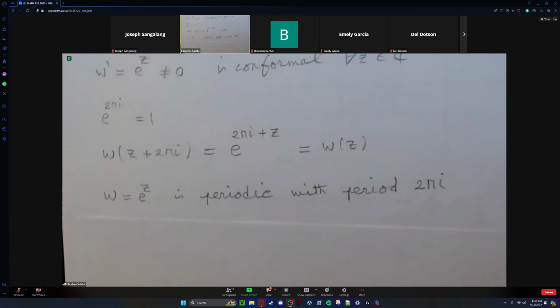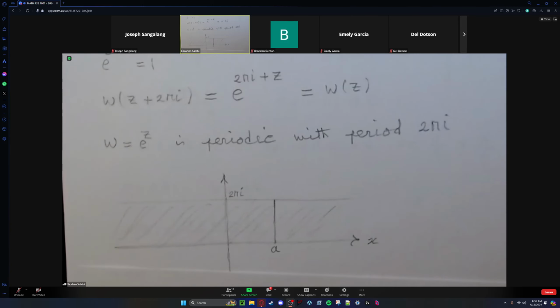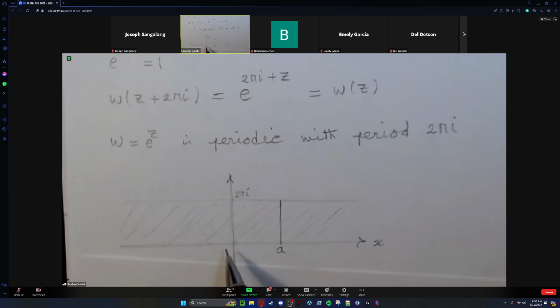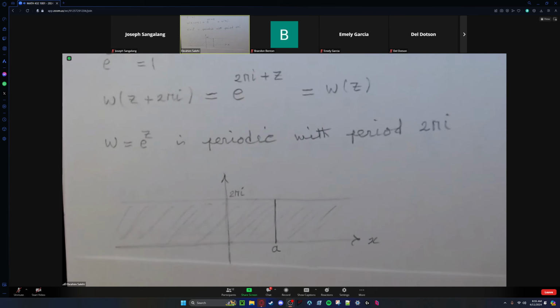That means if we know the behavior of the function e to the z in a horizontal strip of width 2 pi i, if we know how e to the z behaves in this one, we know its behavior all over the plane.